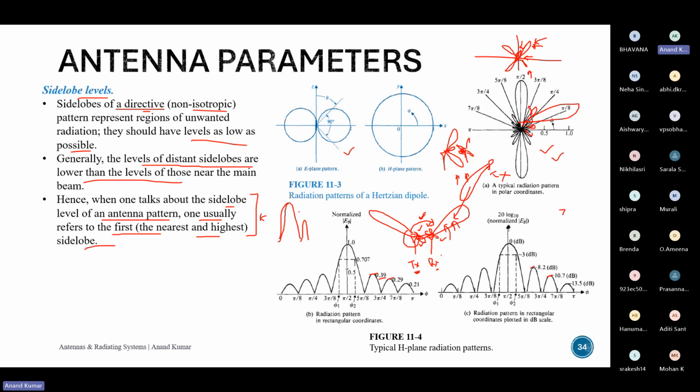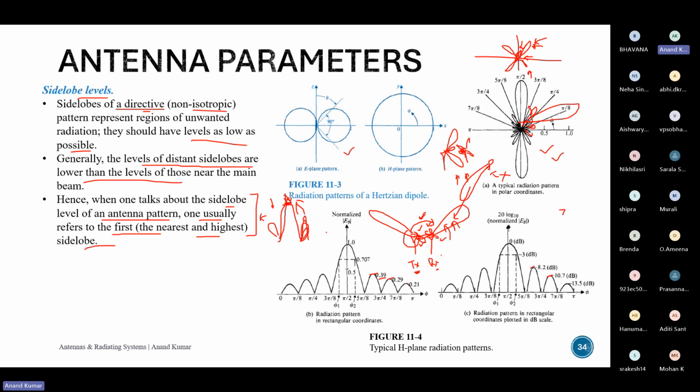Because there might be some applications in which this is the beam which you want the receiver to have, but if the side lobe is significantly high, it will create problems for this. I'm not sure exactly how those problems would be, but it is not desirable. This is more towards radars and such; I think somebody has worked on radars, and over there they probably understand better how the side lobes create problems.